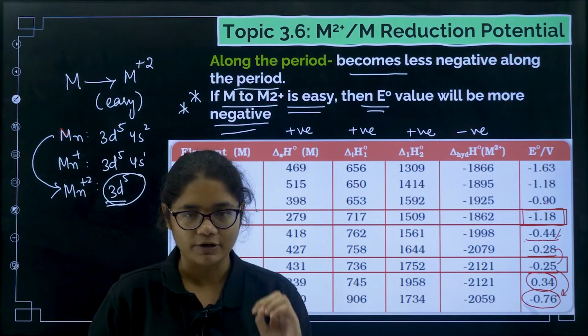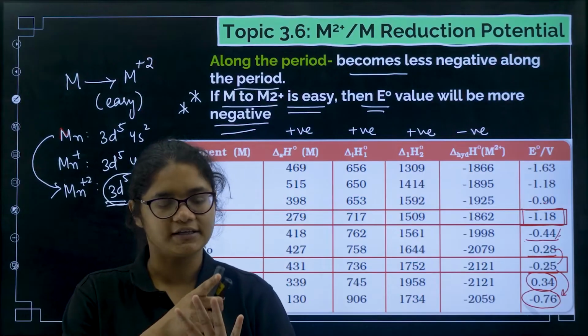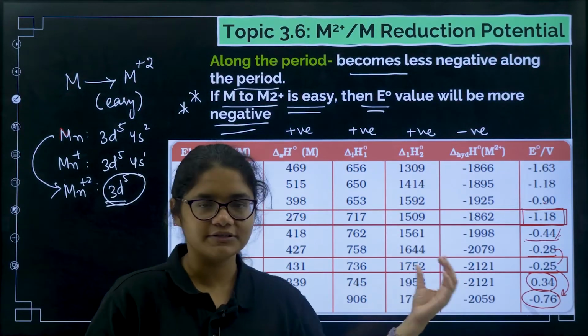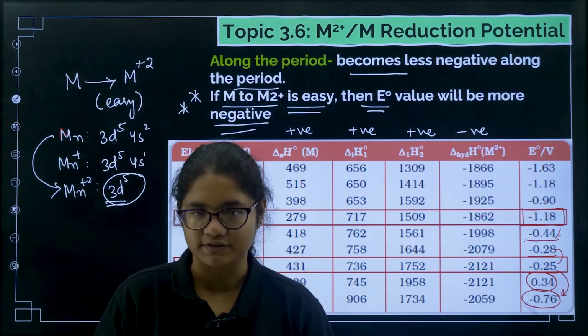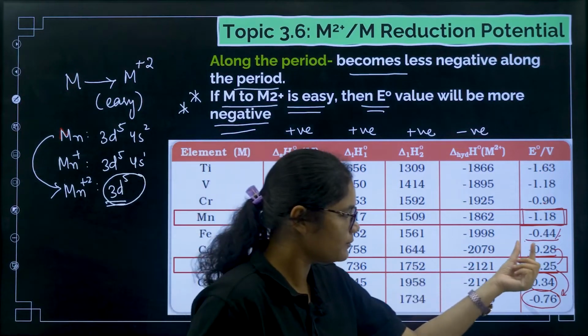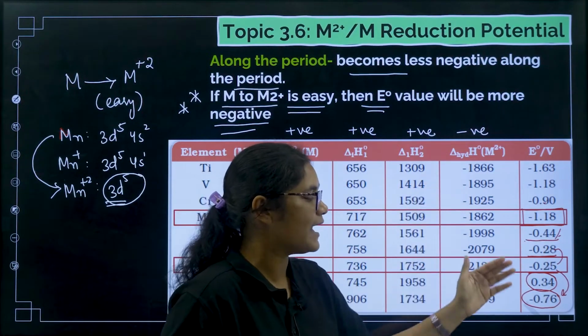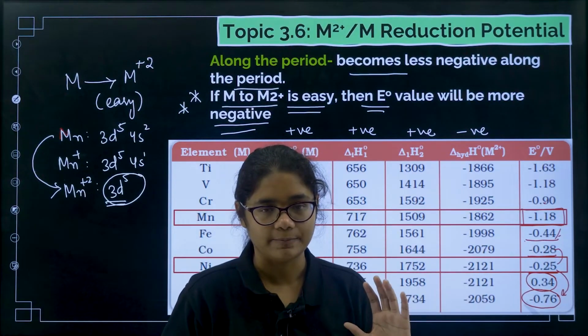For electrode potential, there are four factors: atomization energy, first ionization enthalpy, second ionization enthalpy, and hydration enthalpy. In the case of nickel, the hydration enthalpy is very high. Are you getting?